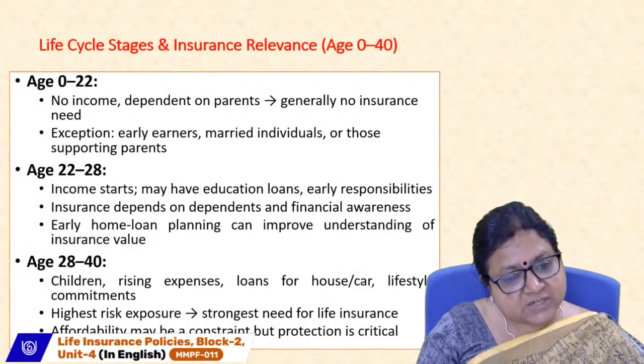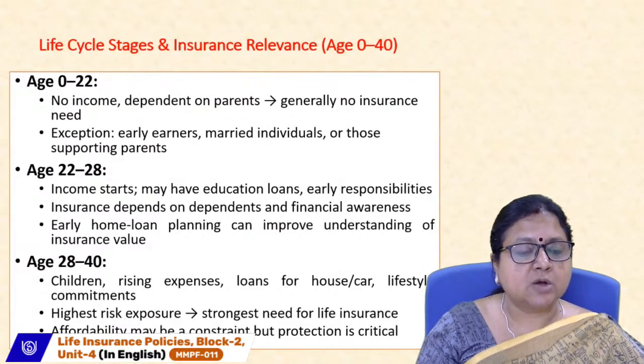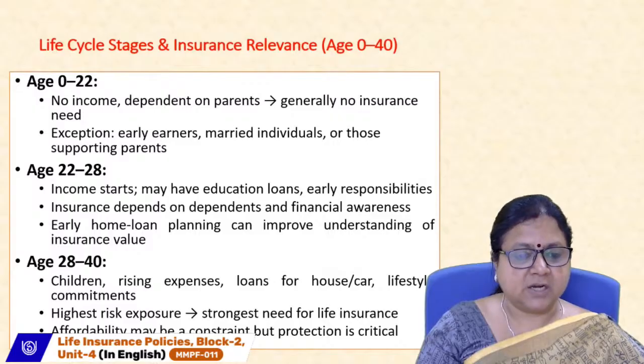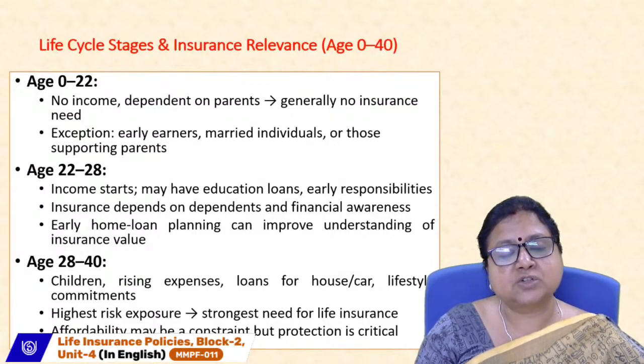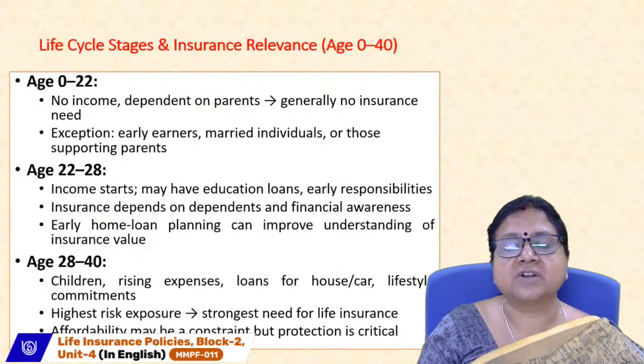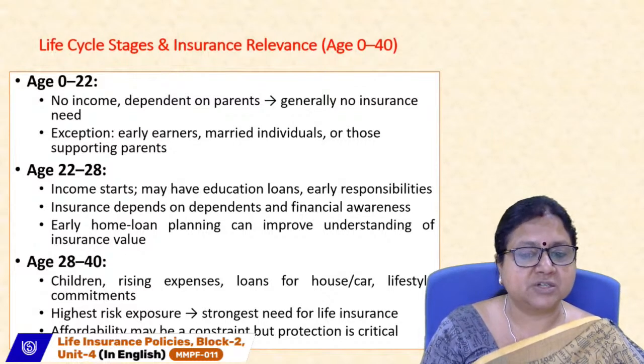Now moving on to the next phase of the life cycle, that is from 28 to 40. After marriage you will have children, and then the children go for education, so the expenses keep rising. You may have a car or a house, or your lifestyle changes.